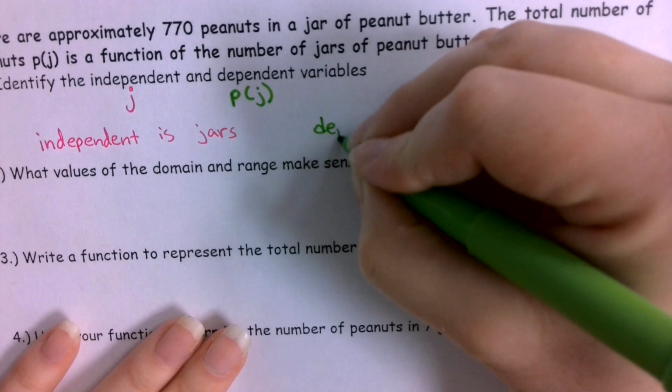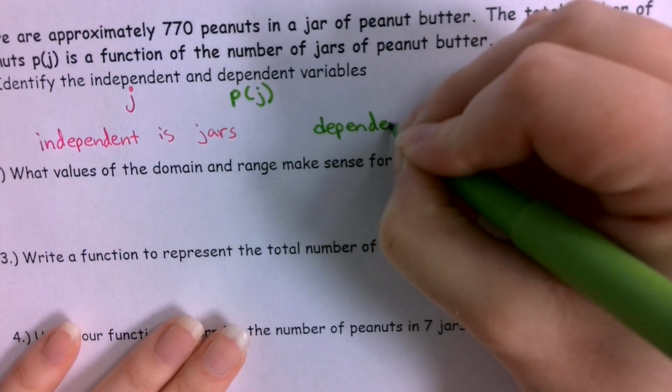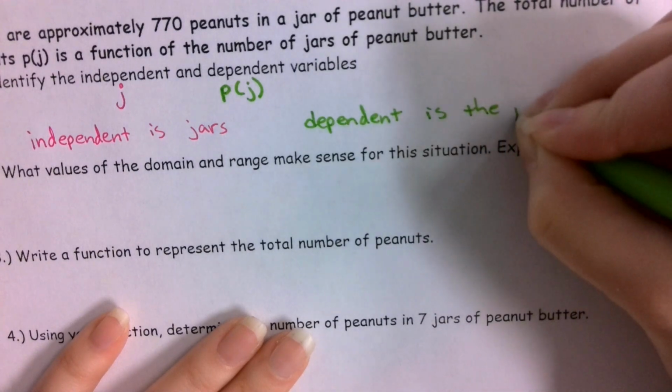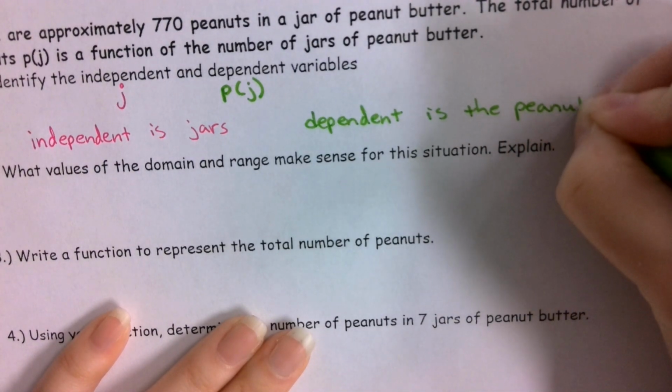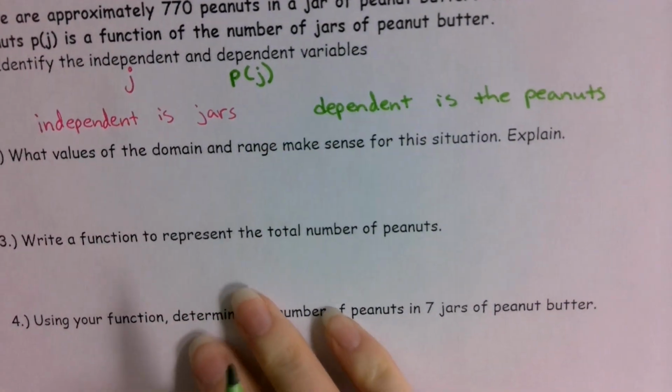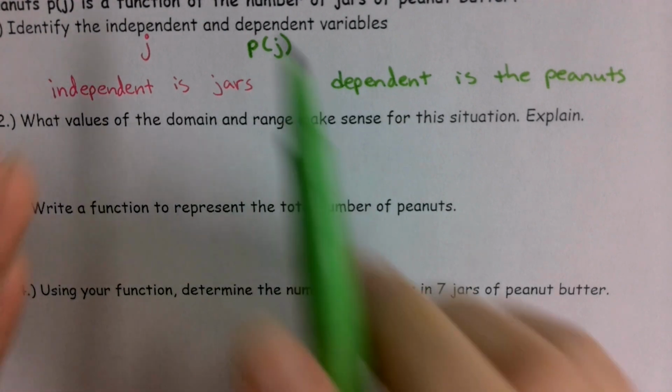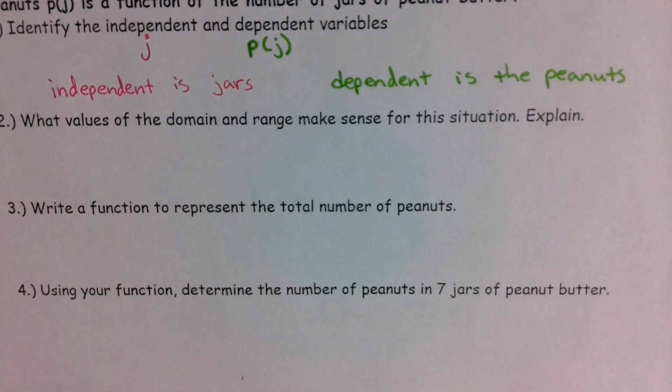My dependent is the peanuts. How many jars of peanut butter that I want to create will determine the number of peanuts that I need based off of the way that we wrote the function.